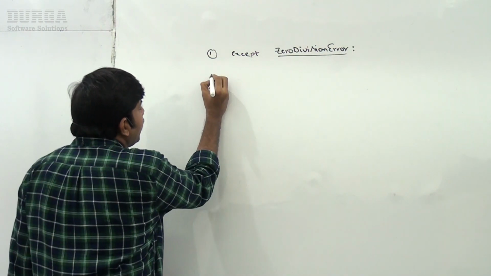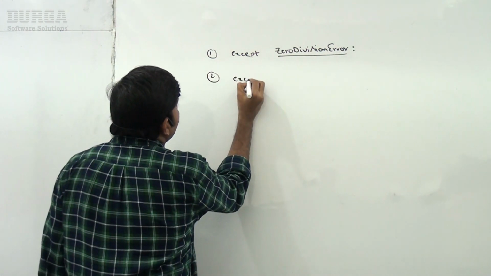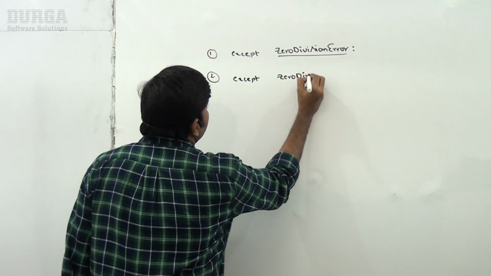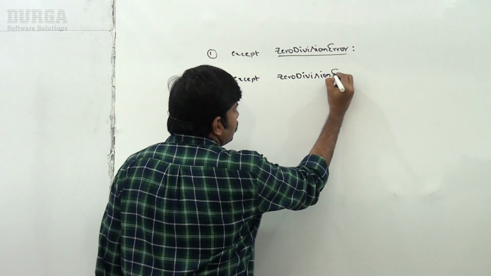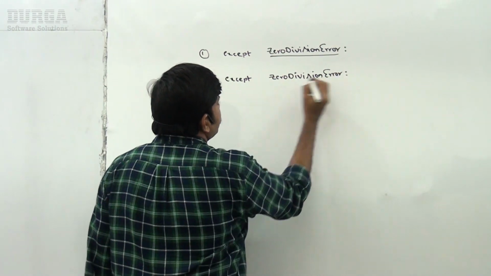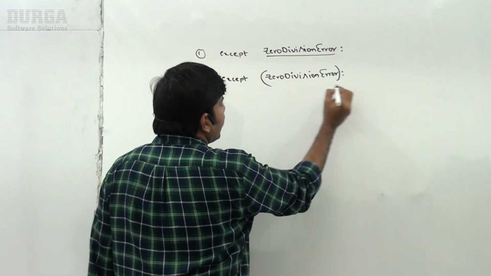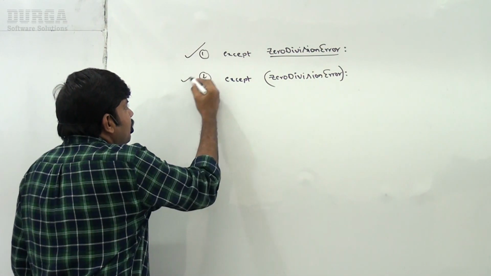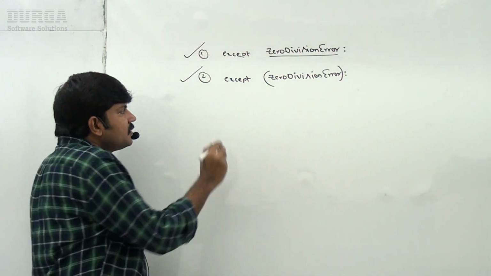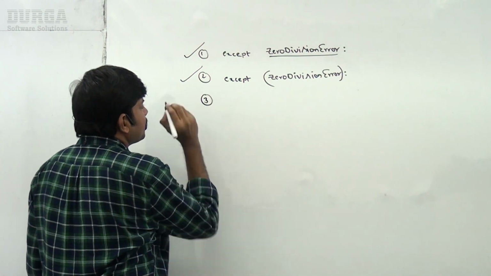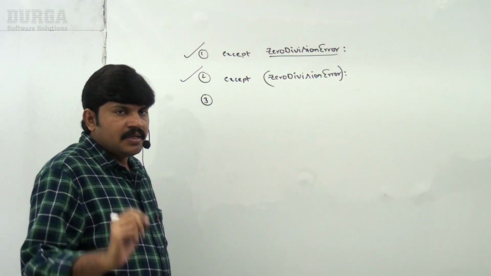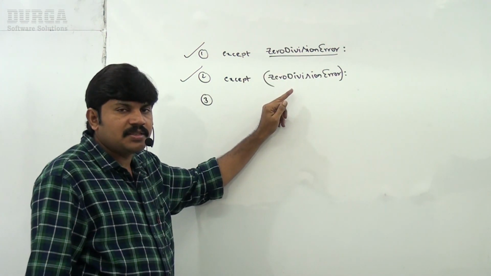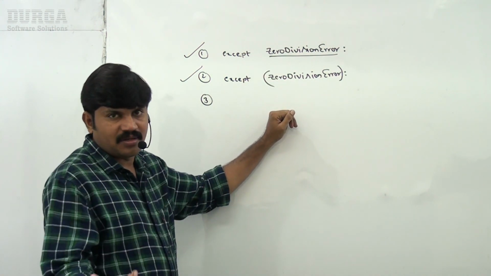Now the same thing you can even write like this also, except zero division error within parentheses. Yes, it is also acceptable. Now the third point: if only one exception is there, parentheses if you want you can take, otherwise not required.